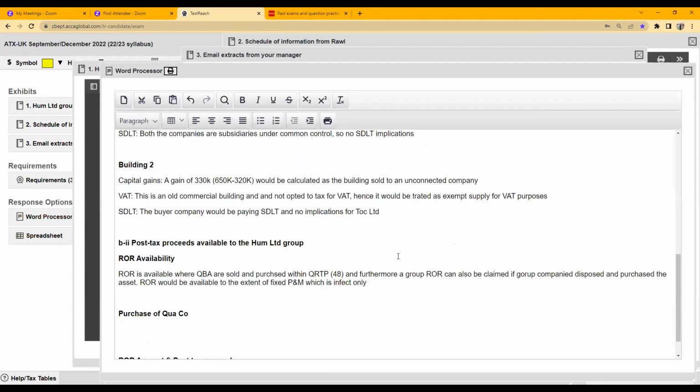With respect to that point, I can write here: rollover relief would be available to the extent of fixed plant and machinery, which is in fact only the buildings of Quaco, and ROR would not be available on company goodwill and movable plant and machinery. So here we talked about the basic points with respect to ROR availability.